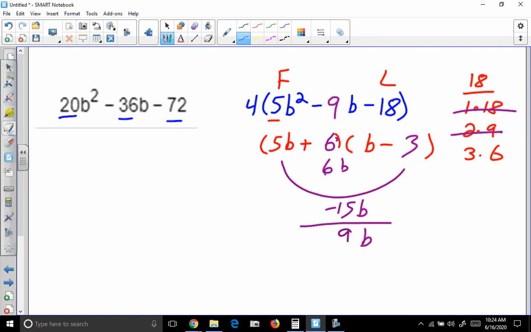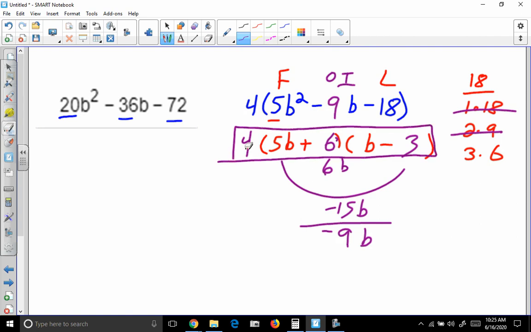Opposite signs we subtract, take the sign of the bigger, and that's what we need on the inside. So that is the correct way to factor that. 5b times b is 5b squared. 6 times negative 3 is negative 18. And the outer and the inner products do combine to give us the negative 9 we need. So the only other thing we need to do is bring down that 4. And that's our correct factorization.